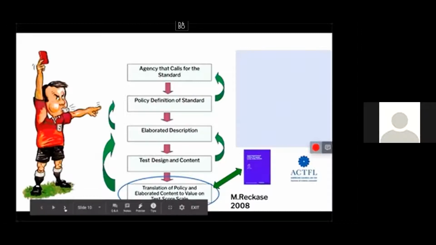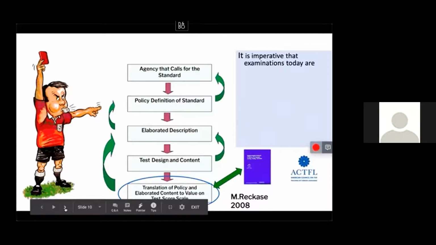Standards are necessary so that we can compare our decisions, our translations of policy onto a test score. And the problem comes when there is no arbiter who says that your how good is good enough is really grounded on research and good studies of cut score setting.